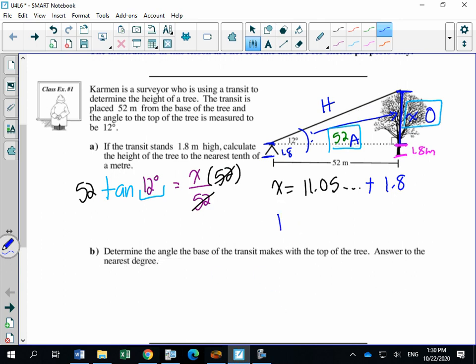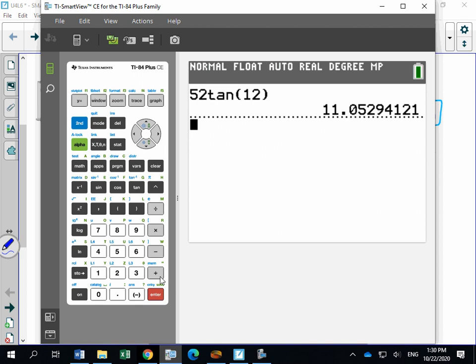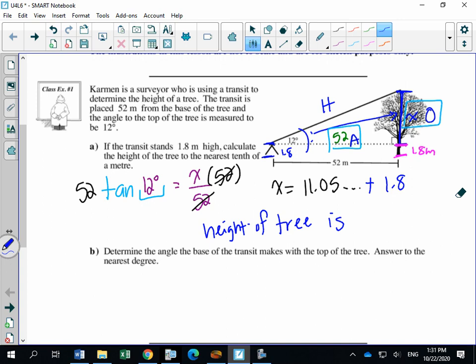The height of the tree is, so take that number and add 1.8, and then we could round at the very end. And the question said round to the nearest tenth. So I look at this decimal here, and I look at 1 to the right of it. So that becomes a 12.9. The height of the tree is 12.9 meters.